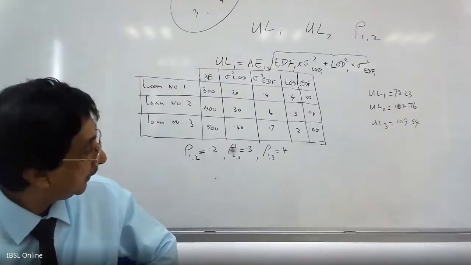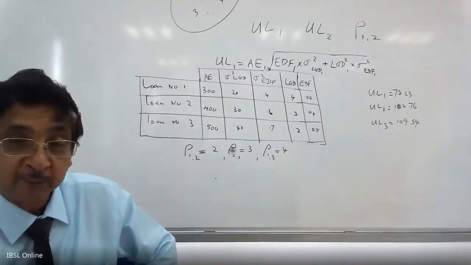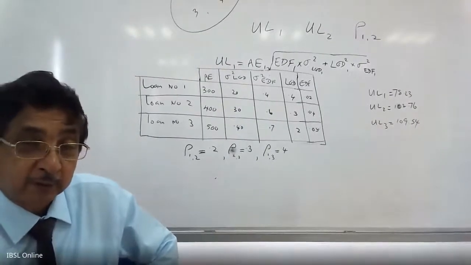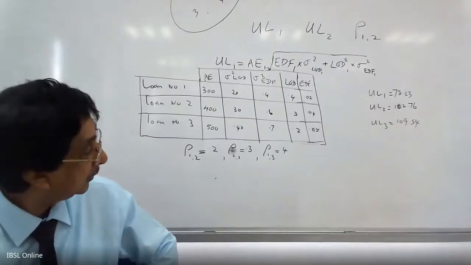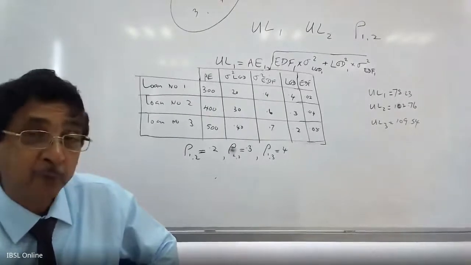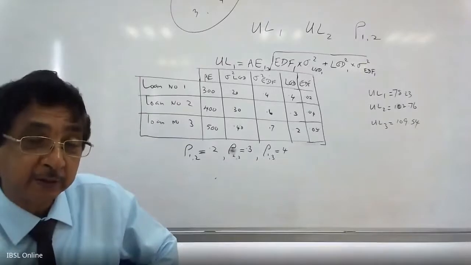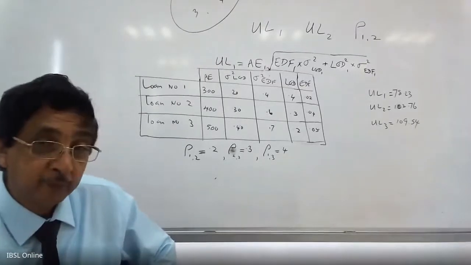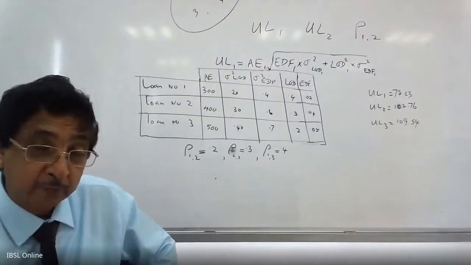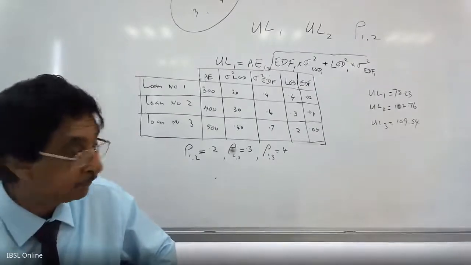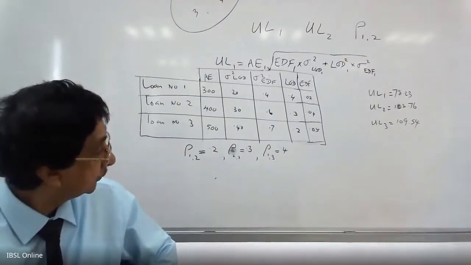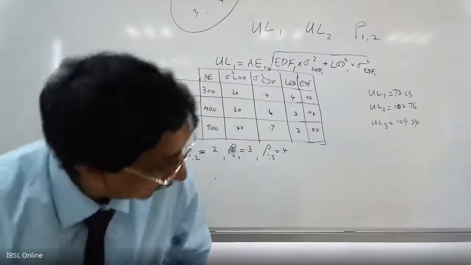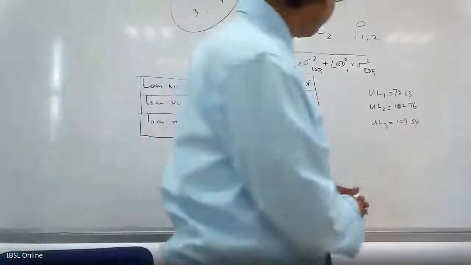Now, if we want to get the portfolio unexpected loss calculated, I will give you a formula. That formula is not in the slide. I just put it here. Formula for 3 loans. So that will come as this.